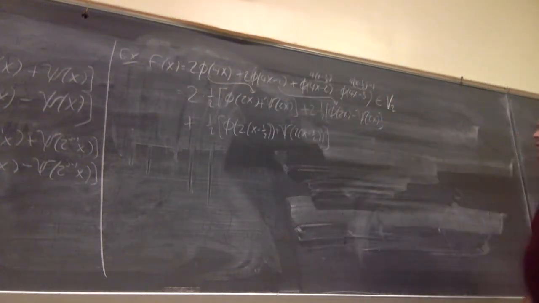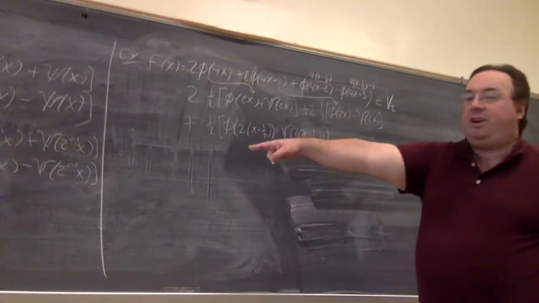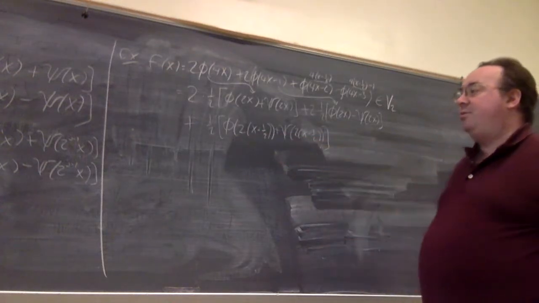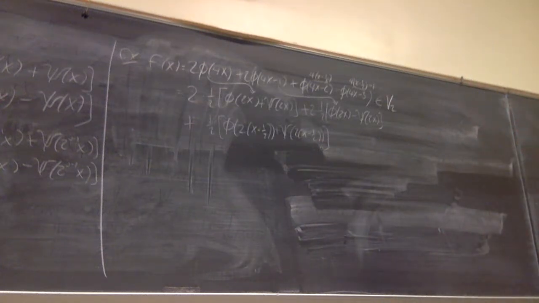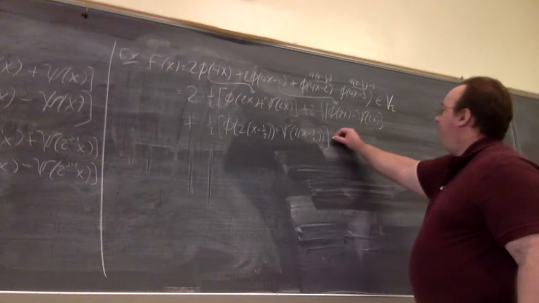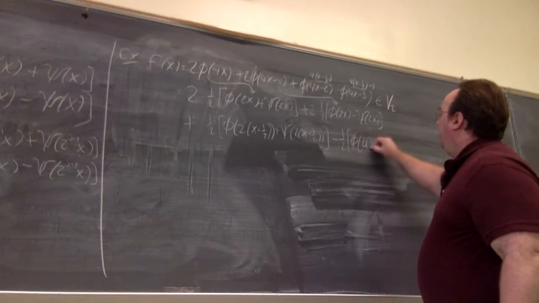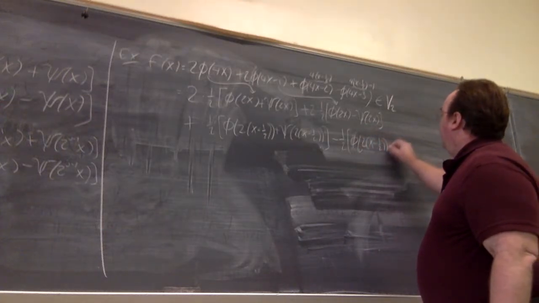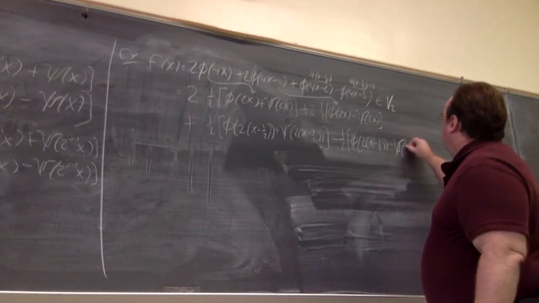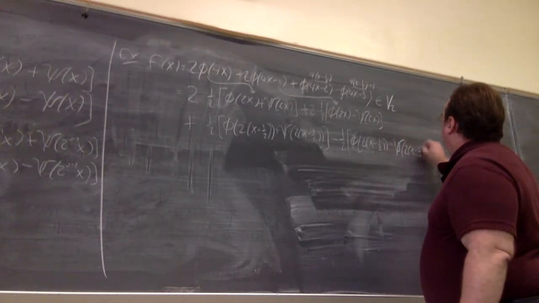And then for the last term, I'll use the second equation with j equal 2 and x replaced by x minus a half. So I have minus phi of 2 x minus a half minus psi of 2 x minus a half.